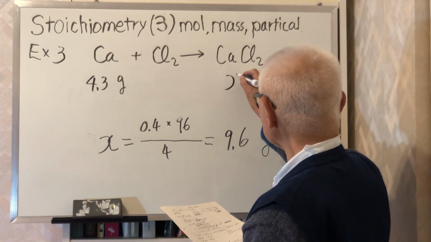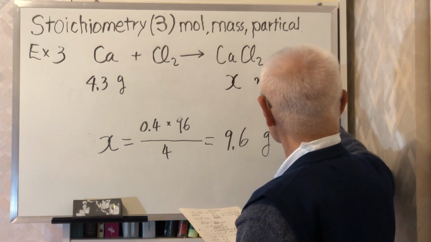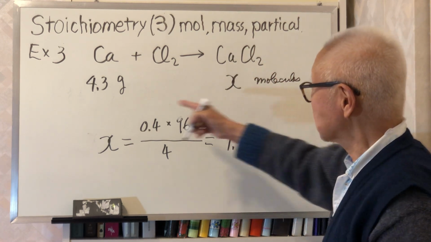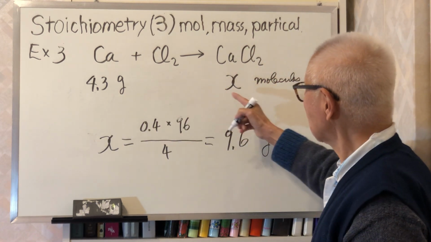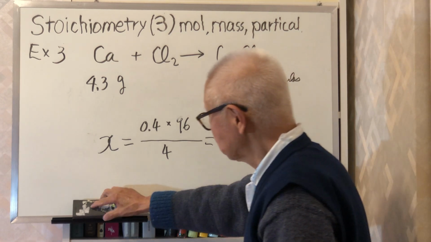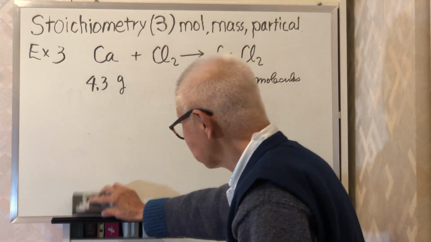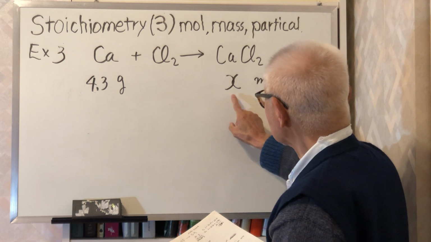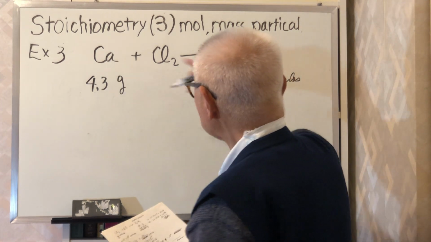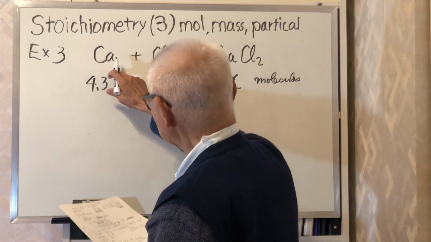How many molecules? X molecules. Given, unknown. Now, this is line 1. Then from the equation, because this is gram, I need a gram of calcium.